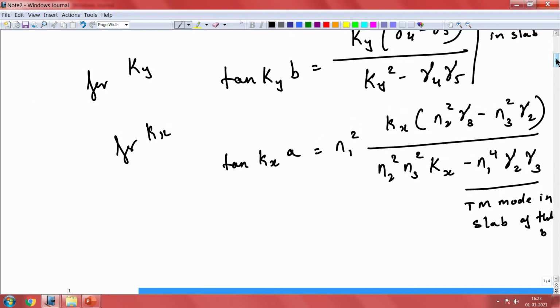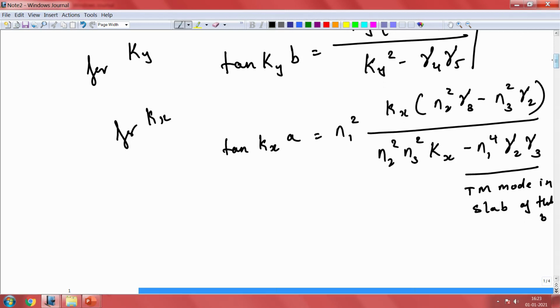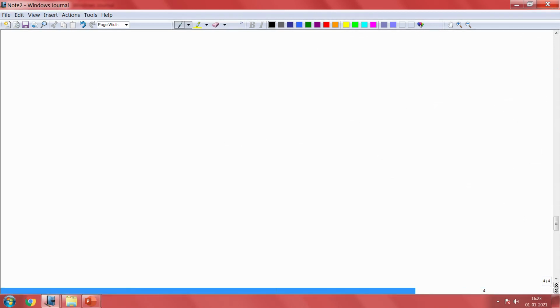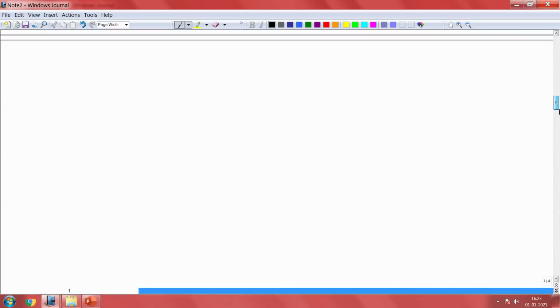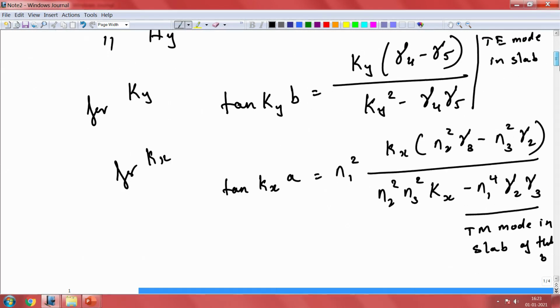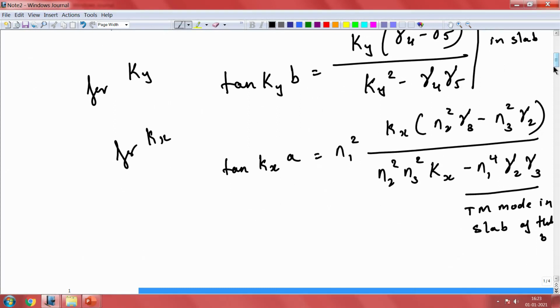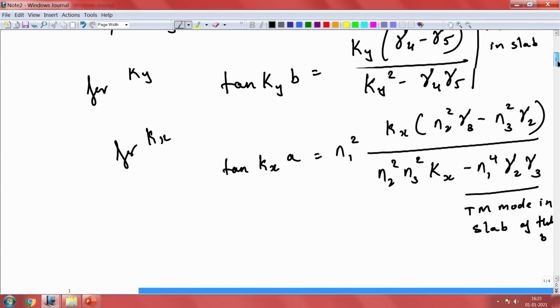By using that you can come up with the detailed field distribution of these individual modes. It will be too much to have it here, so we'll put it up in the notes section that you could have a look at.